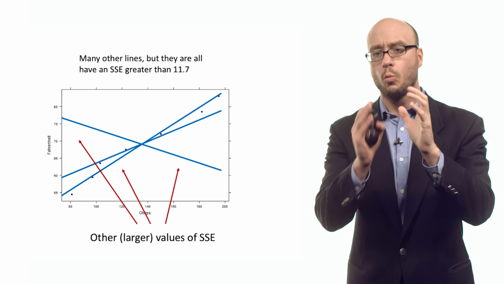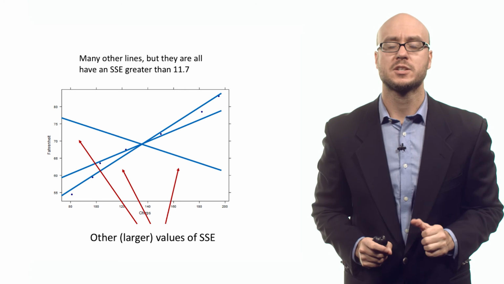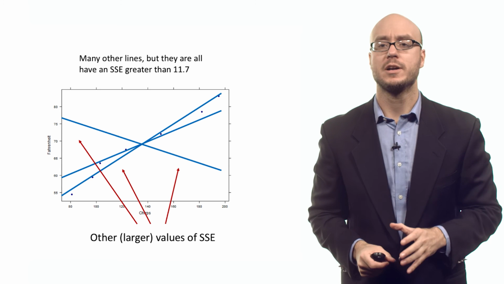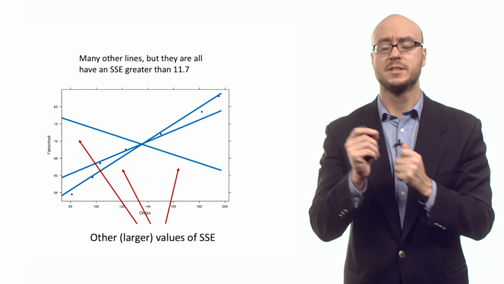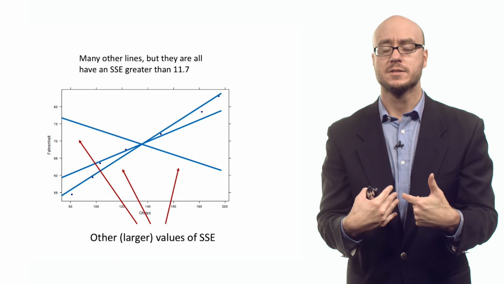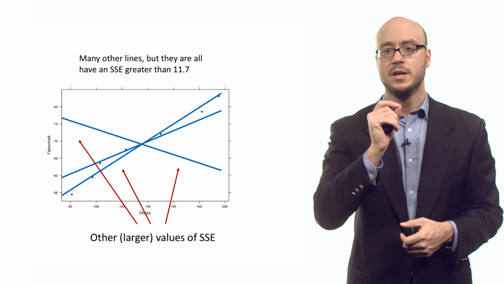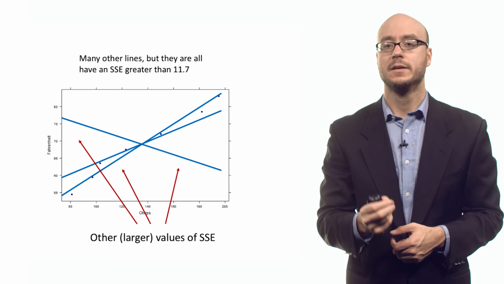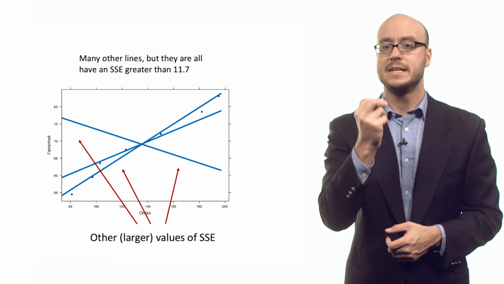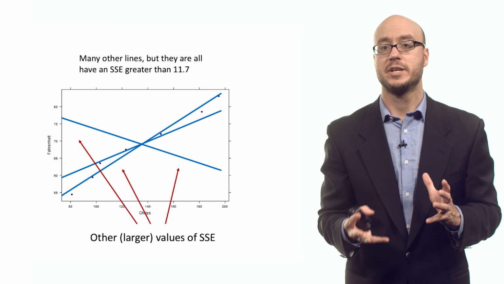So when we fit the least squares regression line, or the classical linear regression line, those values of the intercept and slope are such that you take all these errors, you square them so they're all positive, you add them up, and that one quantity is as small as possible. It's minimized for this particular data set.